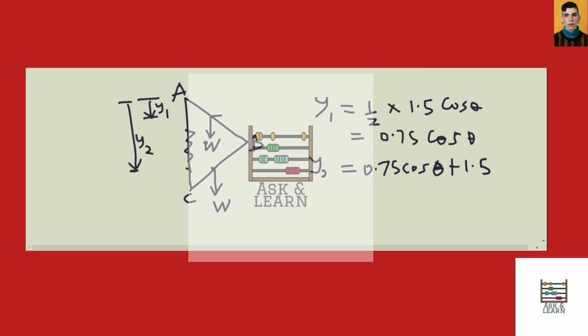We have that, cos theta. So if we sum this, it's going to give us 2.25 cos theta.